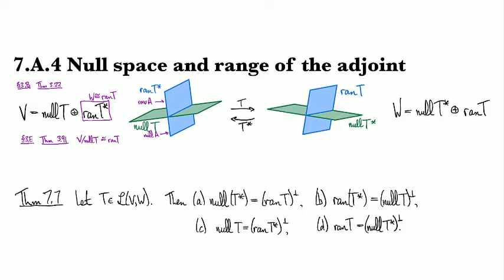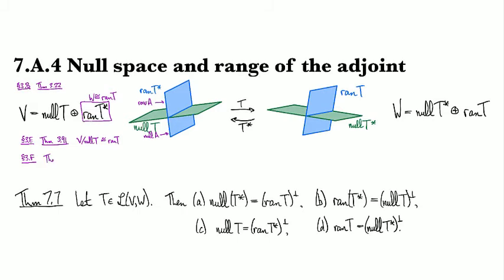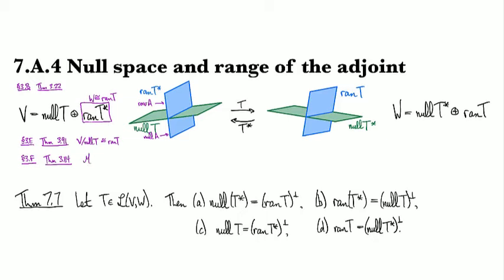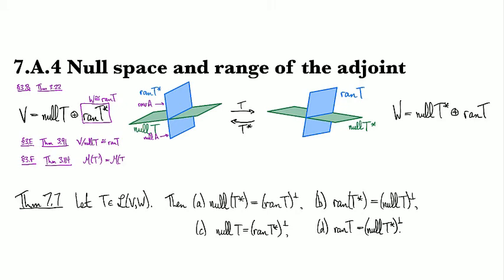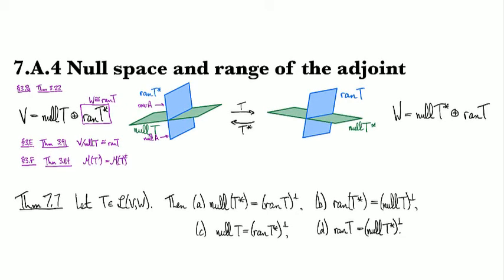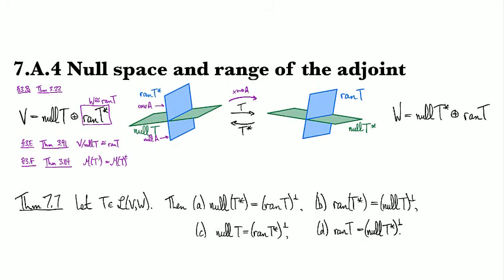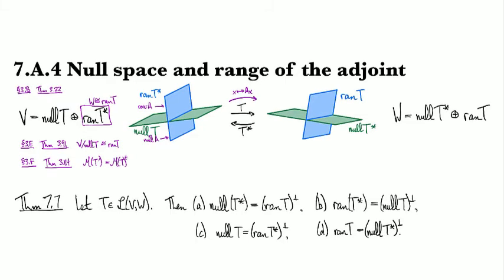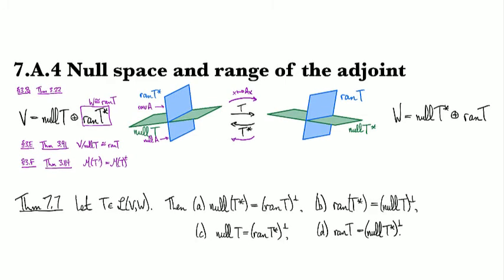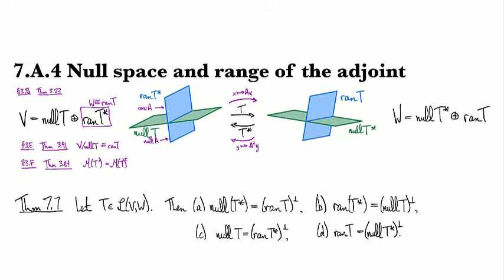But wait, there's more. We also went on and saw in 3F a result, theorem 3.114, which said that the matrix of the dual of T is equal to the transpose of the matrix of T. And so if we look at multiplication by A going one way, assuming some basis has been fixed, then coming back the other way is given by multiplying by A transpose.